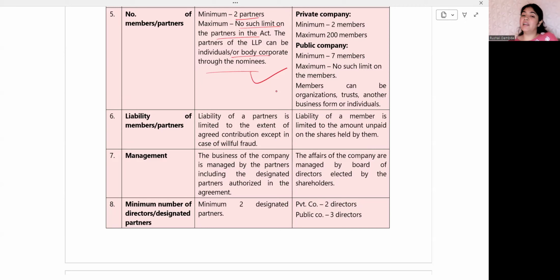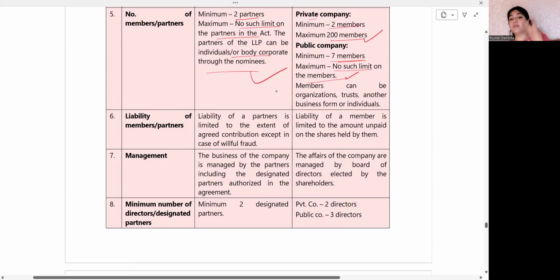For a limited liability company, private limited, 2 members are required, maximum 200. Public limited, 7 members, and there is no maximum limit. Any number of members can be there in a public limited company.